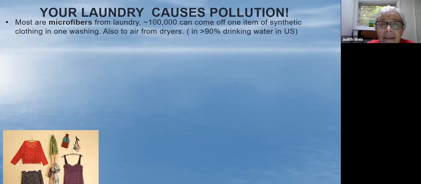One item of synthetic clothing in one washing can release 100,000 microparticles, microplastic fibers. And after they're washed, you then put it in the dryer, and it's releasing microplastics into the air. So you can't win.